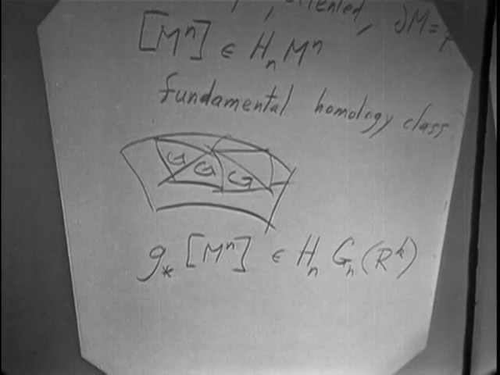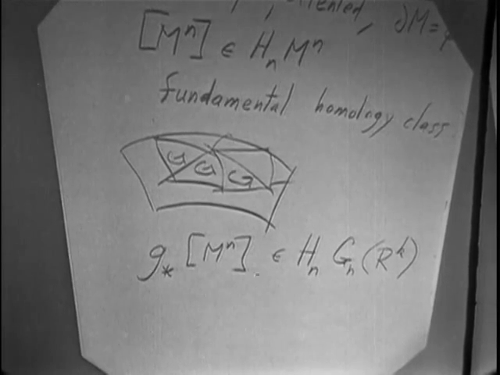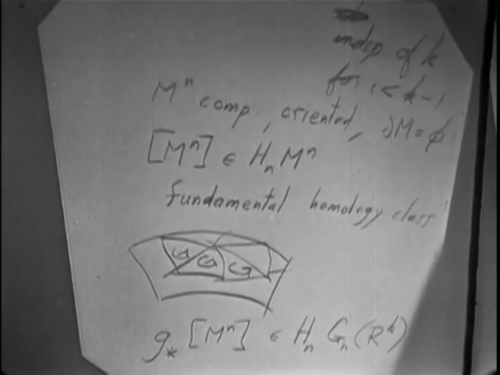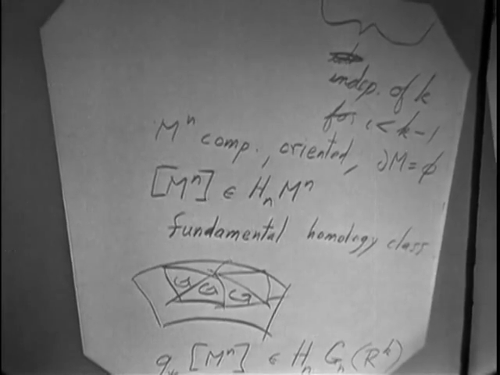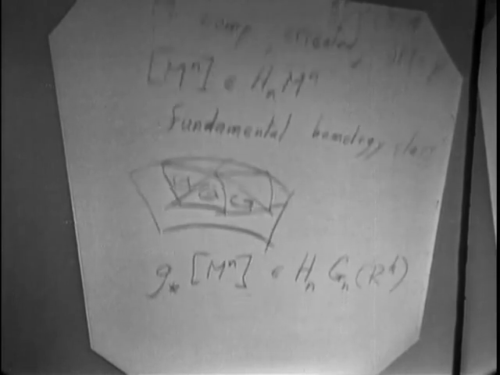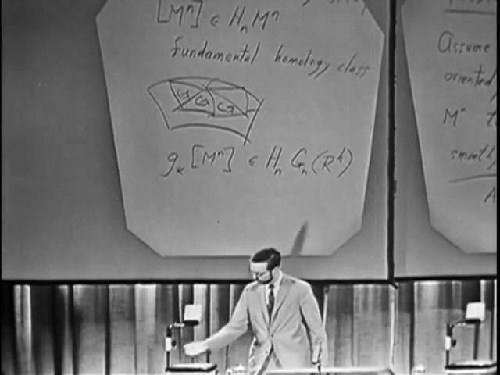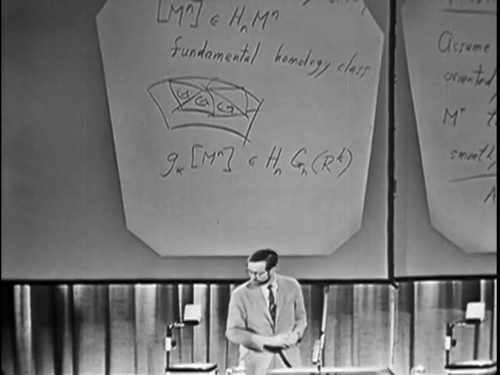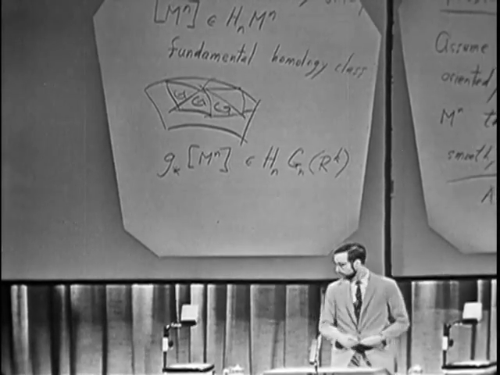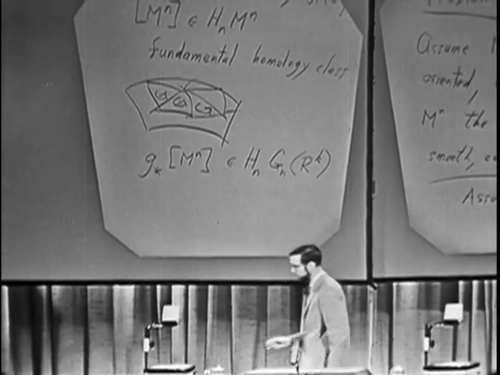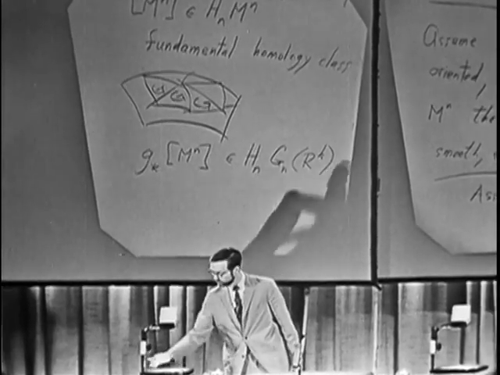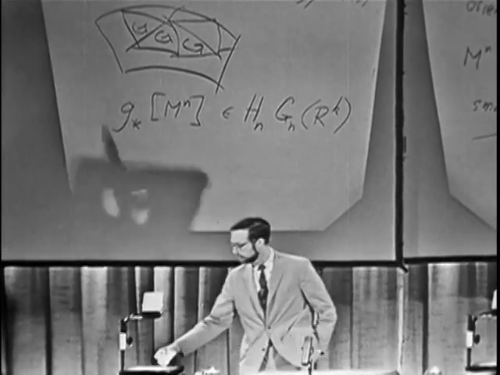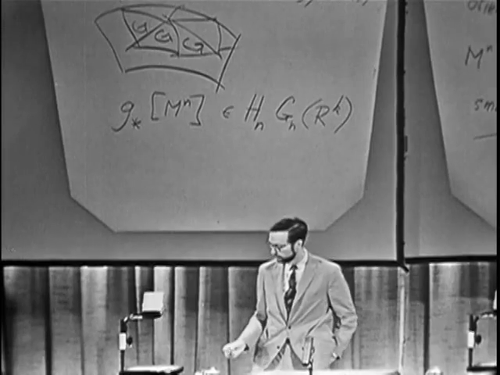If I assume that K is definitely bigger than n, bigger than 2n, then this group does not depend on K, and we have a homology class in a certain fixed group.